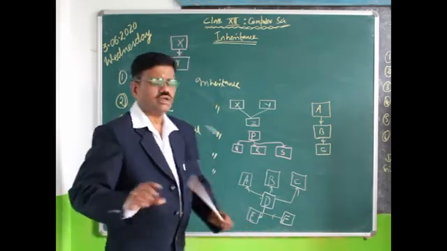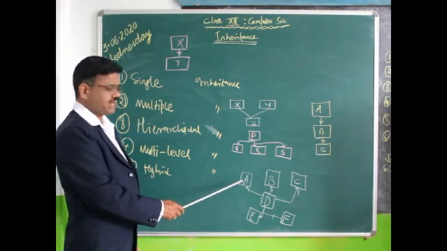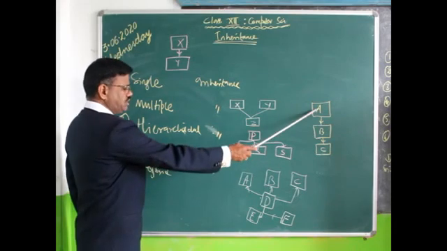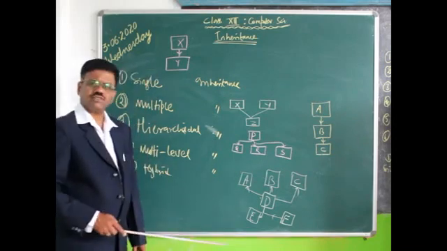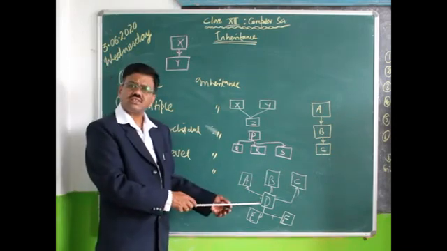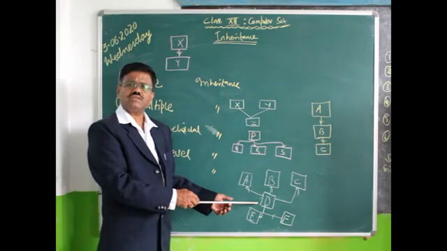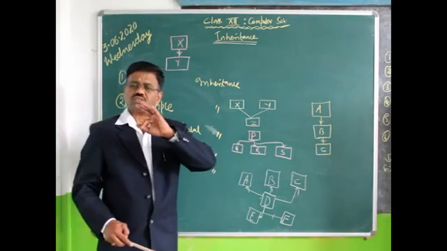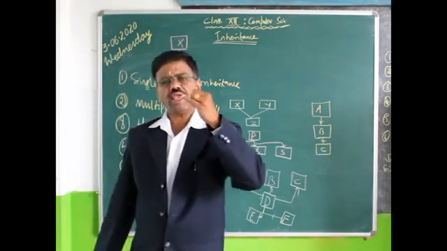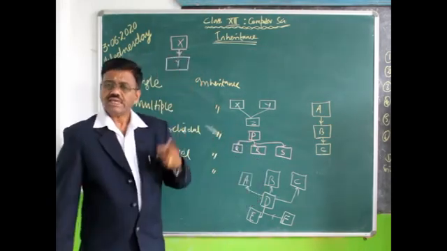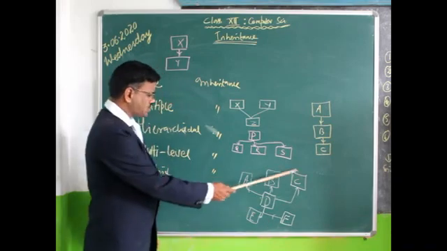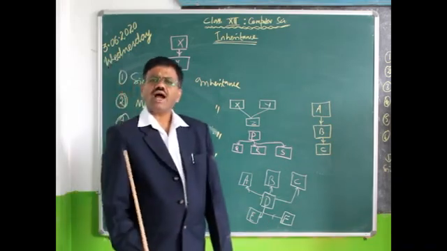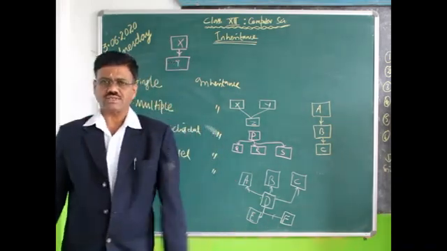This is multi-level, and this is hybrid inheritance. Please note, D is a derived class or subclass which receives the properties from A, B and C. In turn, D gives to E and F. This concept is known as hybrid inheritance.